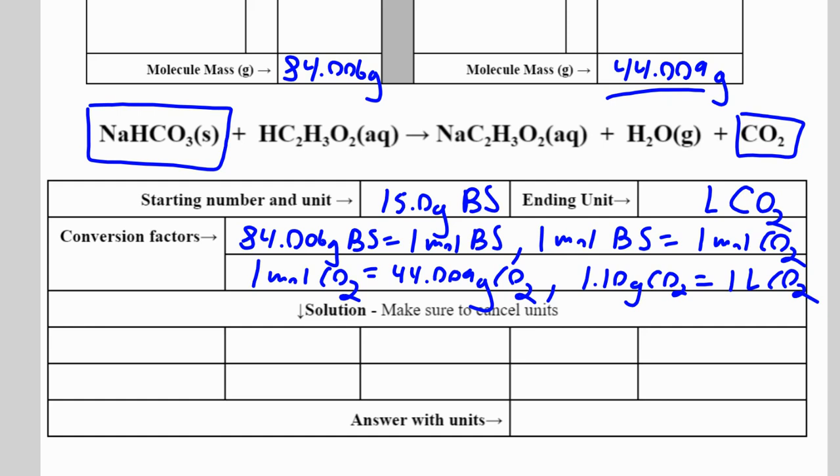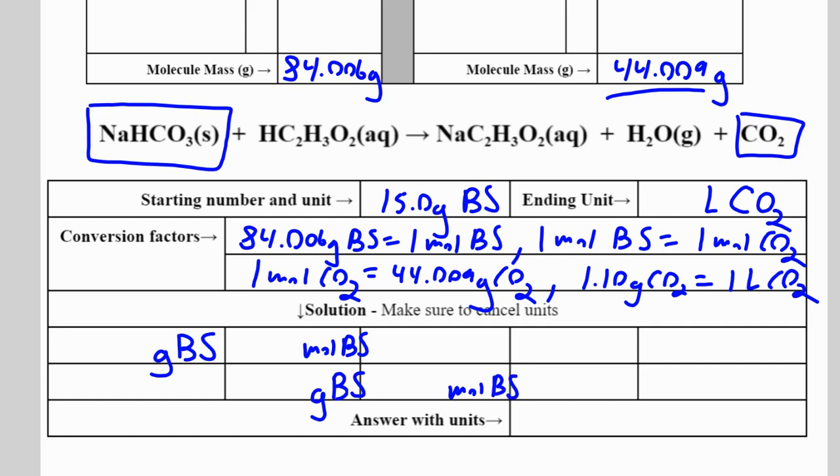So one thing I encourage you to do is to just put your units in before you even mess with numbers. So my starting number and unit go here, but I'm just going to put the units in right now. Grams of baking soda, which means I need to have grams of baking soda there. And my first conversion is from grams of baking soda to moles of baking soda, which means I need to have moles of baking soda there.